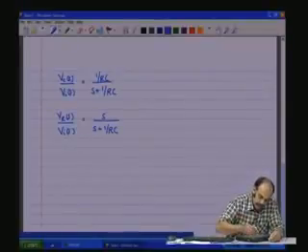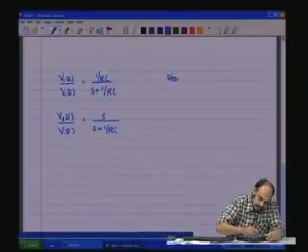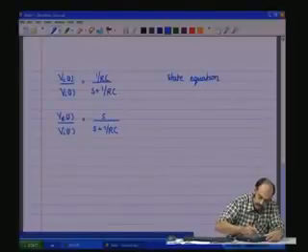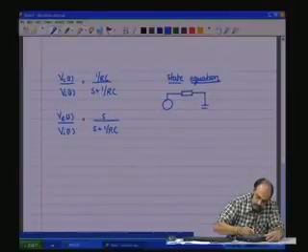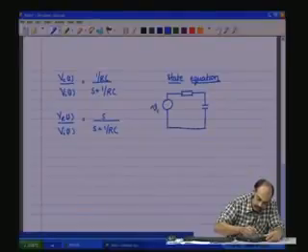So, for this particular circuit, we also saw the state equation. We have done this many times, but still for the sake of clarity I will just quickly write that down.